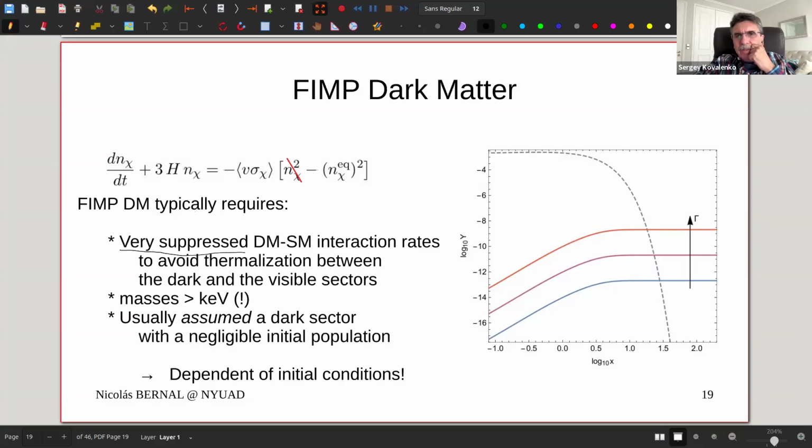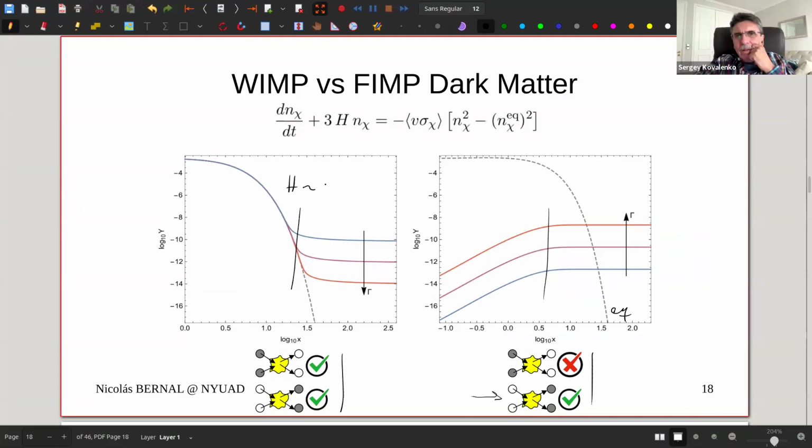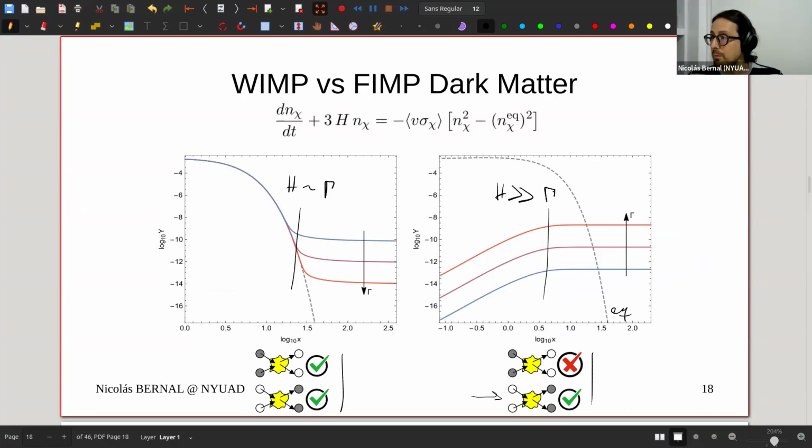What is the origin of this plateau? That's the reason you freeze out. When you have freeze out, this moment is basically when H, the expansion rate, is of the order of the production rate. That's a freeze out. Here it is not the same, because here H is always much bigger than gamma, always.